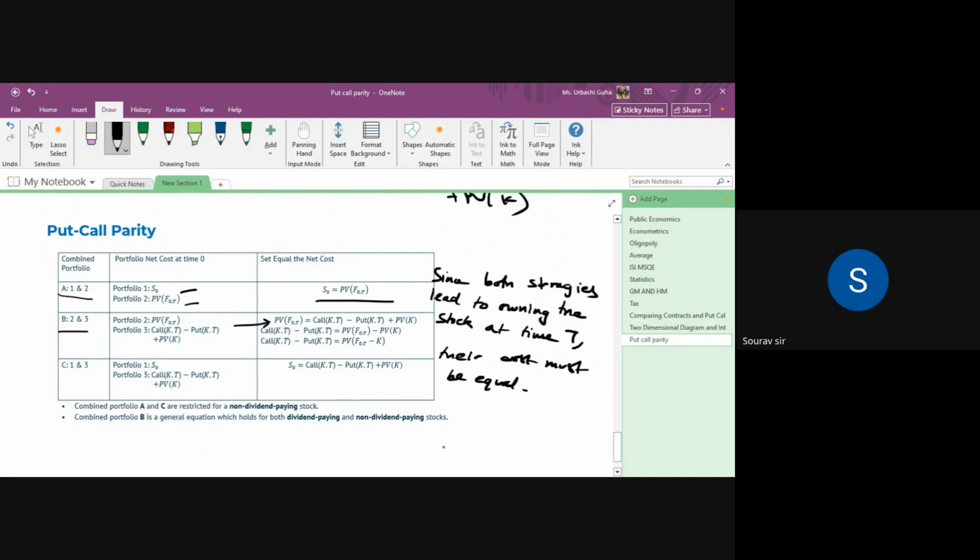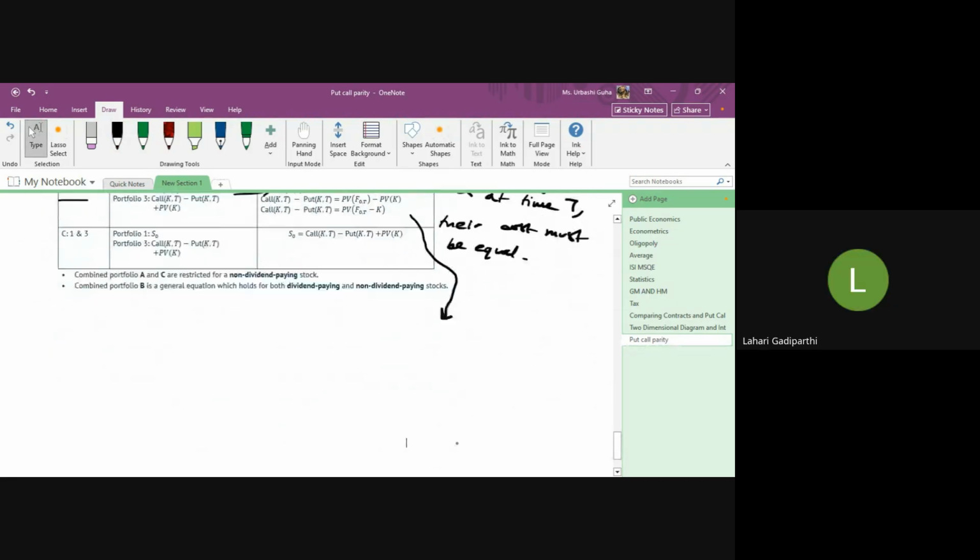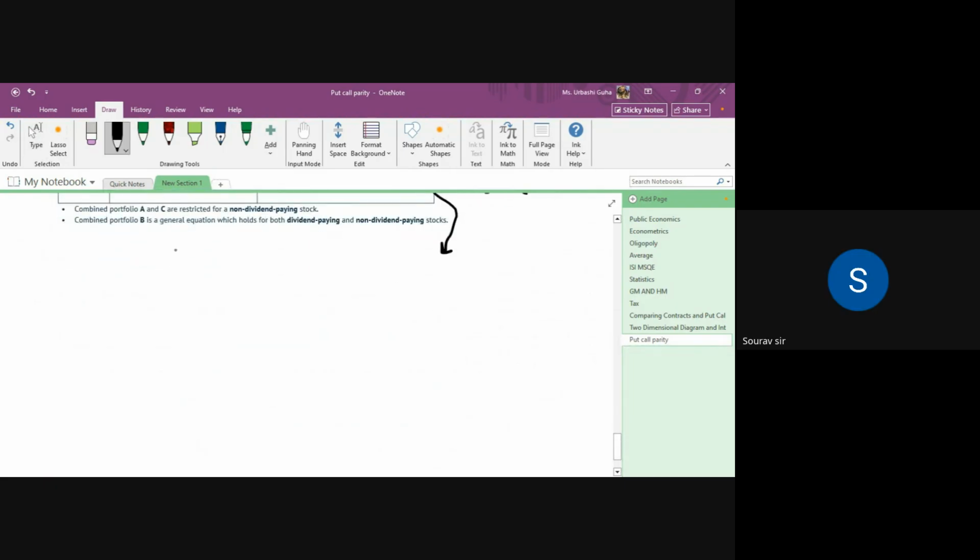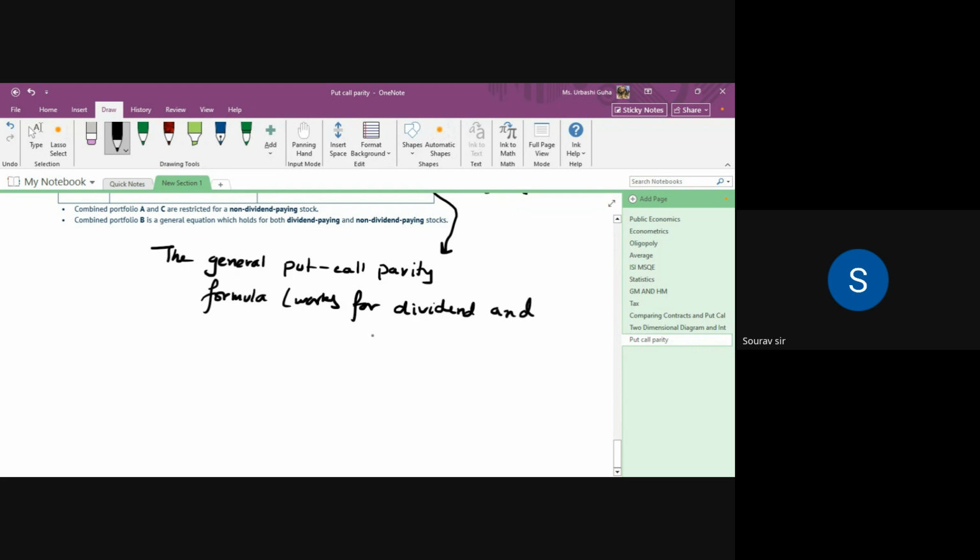If you remember, this is the general put-call parity formula. It works for dividend and non-dividend paying stock.